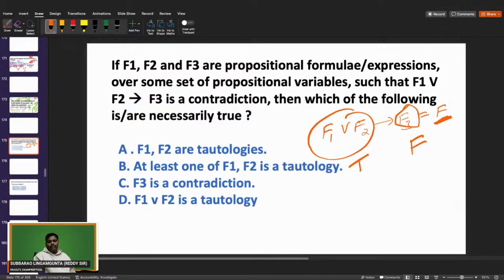So let's see one by one. F3 is a contradiction.